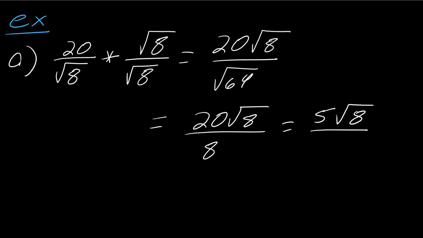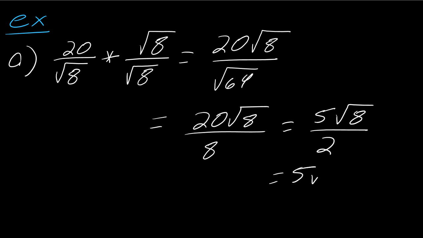But wait, sorry, did I say 5? I meant divide by 4. But wait, there's more. I can also simplify the square root of 8. So this problem has a lot going on in it, and there's more than one way you could have dealt with this. You could have simplified the square root of 8 first. So we'll do that next, just so you can compare the techniques.